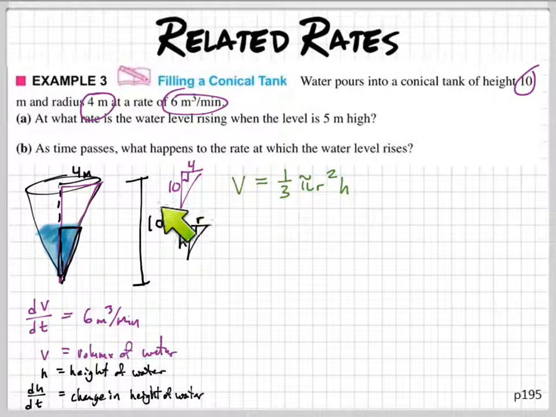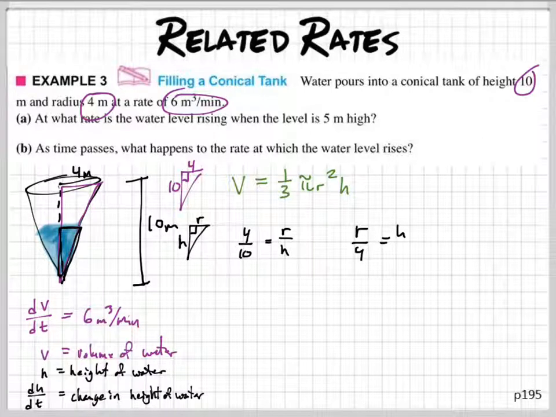If I were to set up a proportion for this, you can do it different ways. You can say 4 over 10 equals r over h, or you can say r over 4 equals h over 10. It doesn't matter, because in either of these, if you solve for r, you're going to get the same thing. So if I solve for r, I'd multiply both sides by h.